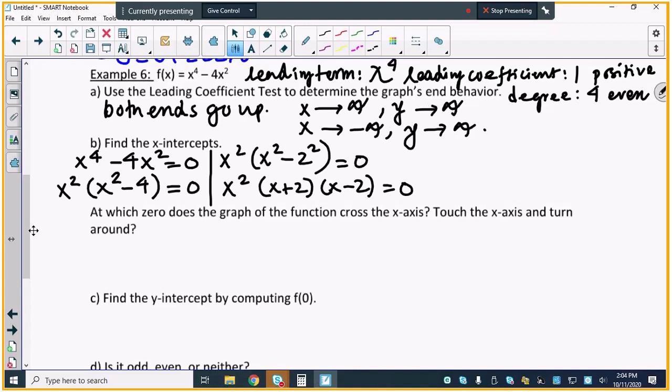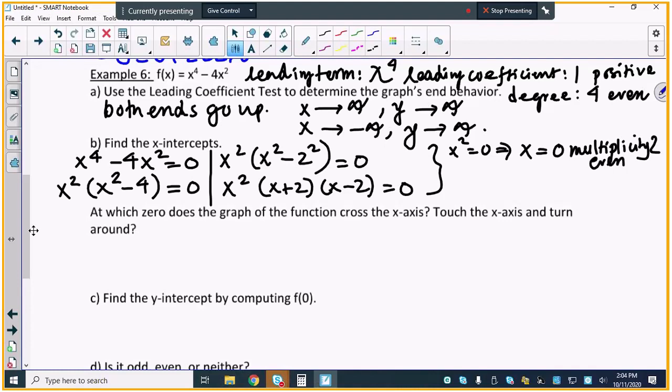Then the question asks me at which zero does the graph of the function cross the x-axis or touch the x-axis and turn around. So the zeros are things that I'm going to first find out. So x squared equal to 0 will give you x equal to 0, and the multiplicity is 2 because of the power of the factor, and that is even.